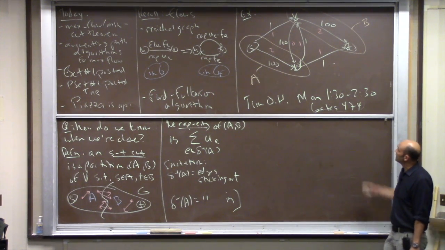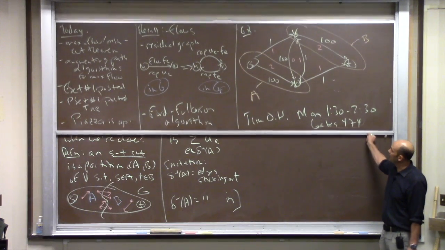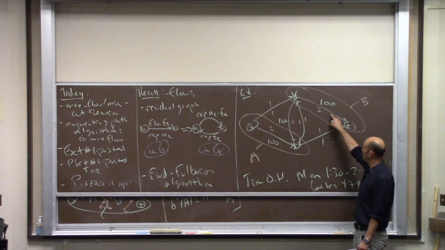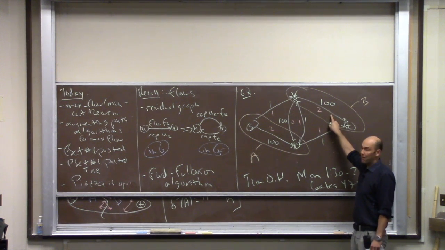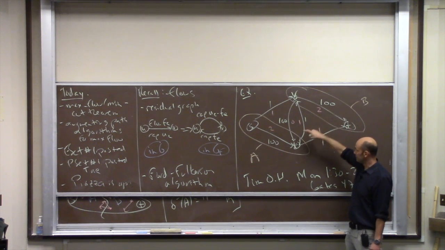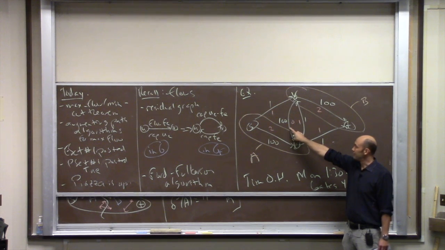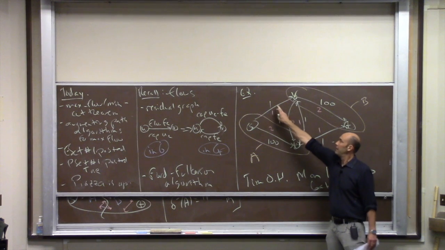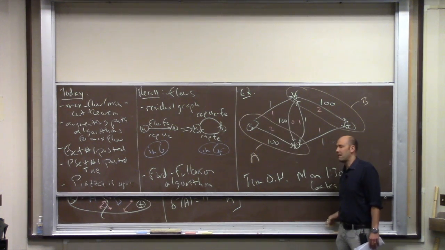Okay, so what's up with a cut? We don't look at edges that are inside A, so we ignore this 100. We don't look at edges that are inside B, so we ignore that 100. We don't pay attention to edges that stick in, so we ignore that 100. So we're looking only at the ones that stick out of A. We have that one, and that one. Okay. So the capacity of that cut would be 3.